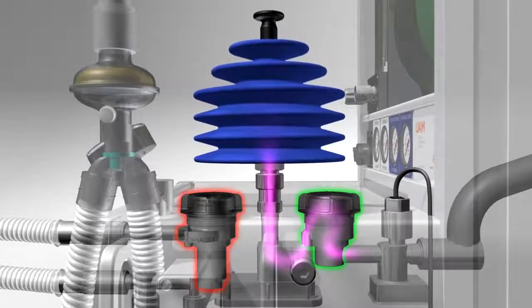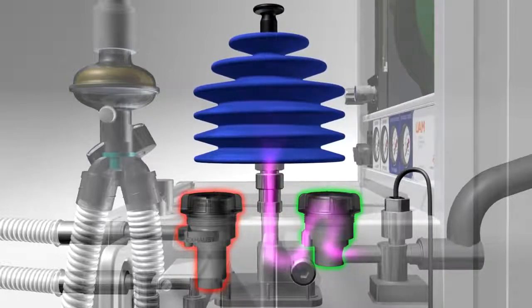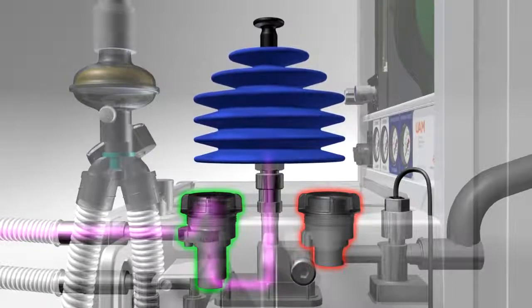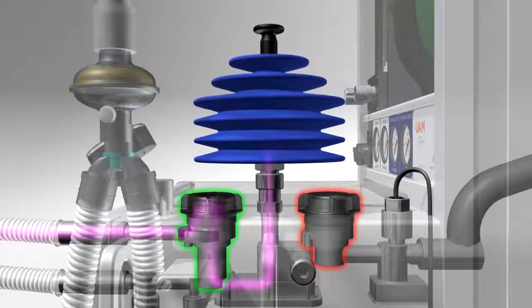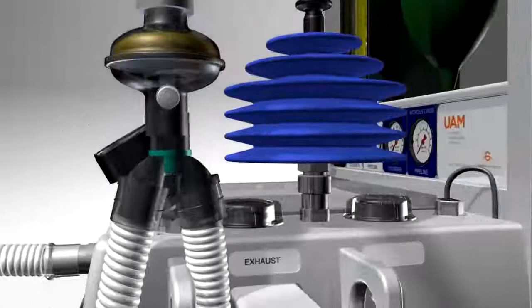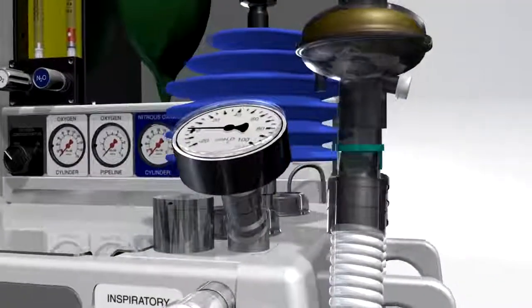The second non-return valve remains closed. As the bellows are pushed down, the gas flows out through the second non-return valve into the inspiratory limb. The first non-return valve is closed. Another pressure relief valve ensures that excessive manual force on the bellows cannot cause harm to the patient.